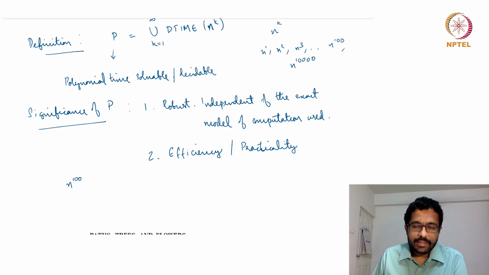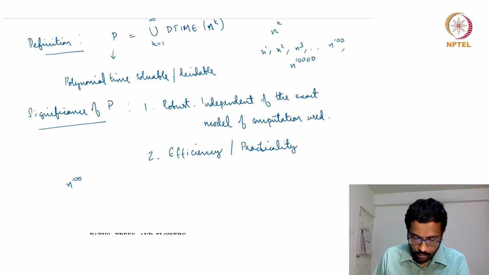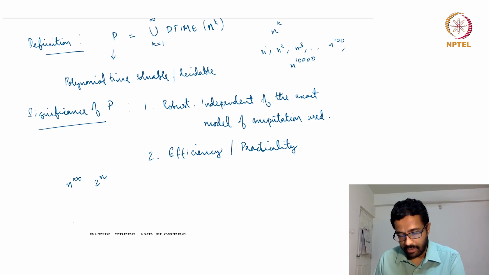But it is still polynomial, and the point is that you contrast it with what is called an exponential time algorithm, something like 2 power n. For small n, let's say n equal to 10, 2 power n will be smaller than n power 100.